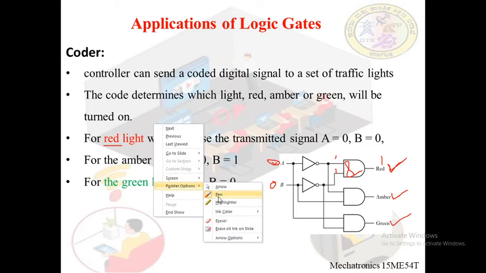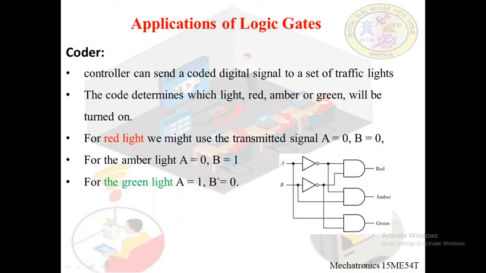Now in order to make the amber glow, the inputs are A 0 and B 1. A has to be 0 and B has to be 1. When A is 0, after passing through this NOT gate, let us say this is the first AND gate, second AND gate, and this is the third AND gate.